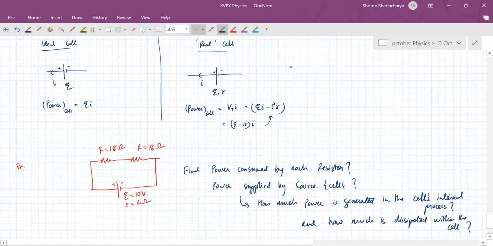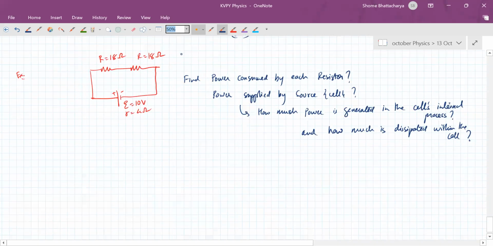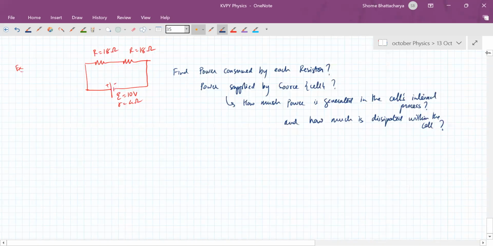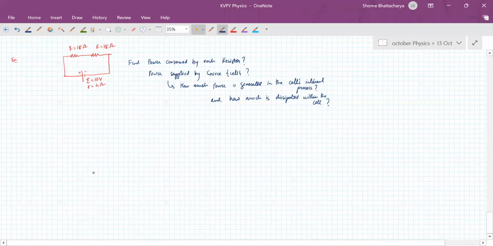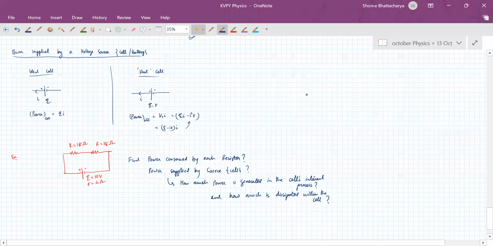So we'll understand what that means also. So let's try this out. Then we'll also see an example with parallel combination of resistance. This is the so-called series combination of resistance.